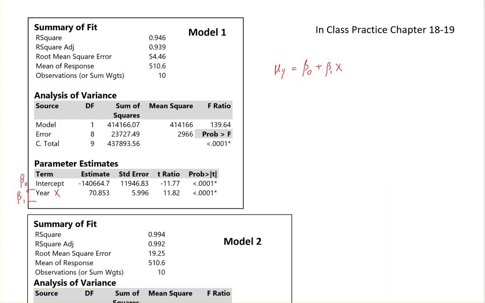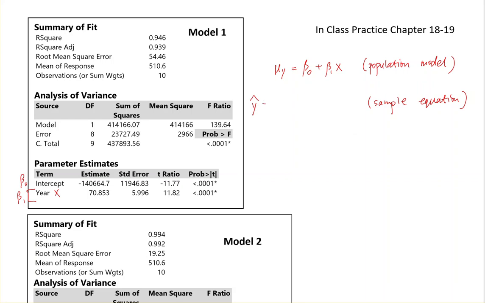Then you have a sample, so that you can create the sample linear regression equation. Here, this is for the population model, and based on the sample, you will have the sample equation with the detailed estimation for beta 0 and beta 1. We will use that for estimation or prediction.